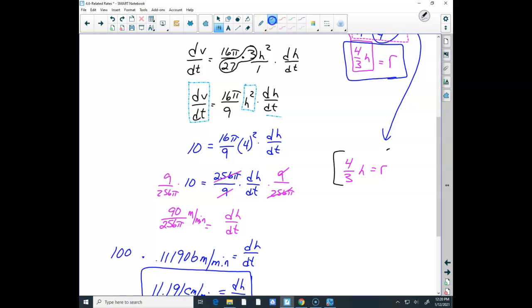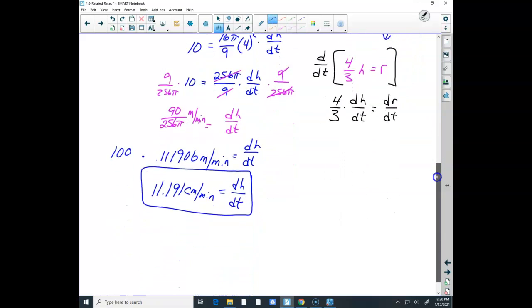Well, that's the same at every instantaneous moment in time for this bugger. So I'm going to take the derivative of this guy with respect to time, and that's going to give me 4/3 times derivative of h is 1 dH dt, and that's going to equal derivative of r, well, that's just dr dt.